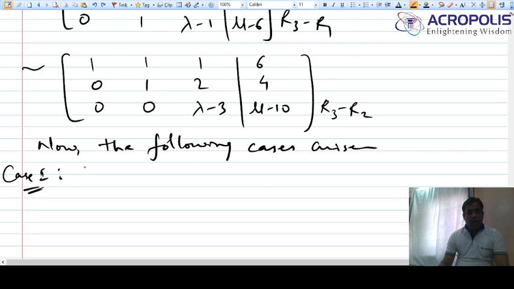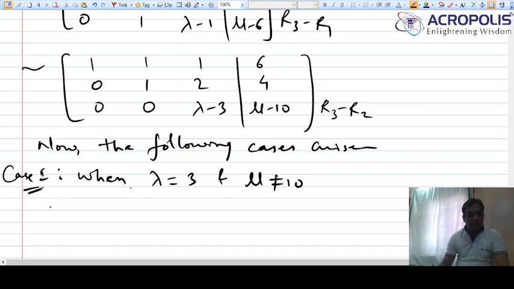So from this matrix we have already seen here, the rank of both the matrices, rank of A and rank of the augmented matrix, is fixed at 2, at least 2. So to make their rank unequal, we need to have lambda equal to 3 and mu not equal to 10.